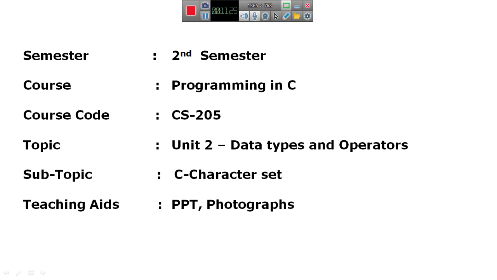And then we have seen that the programs written in high level languages are called source code. After converting it into machine language, that code is called machine code.